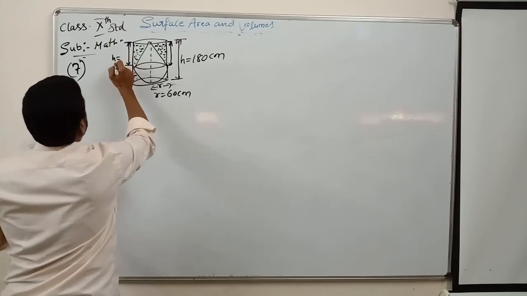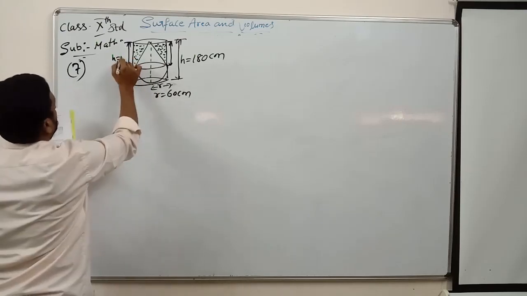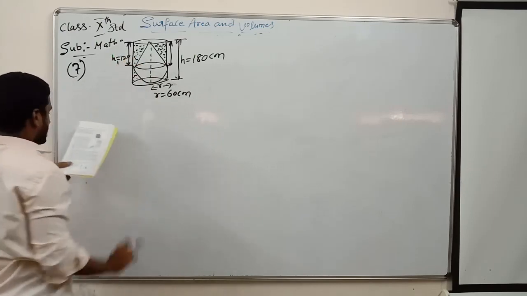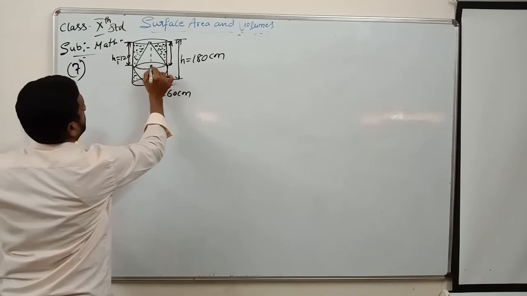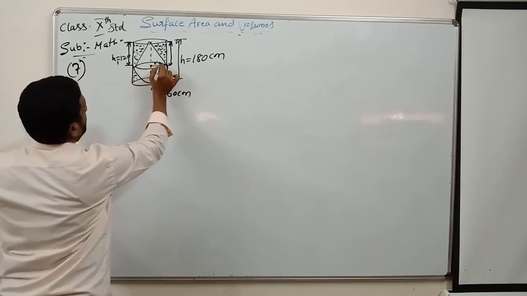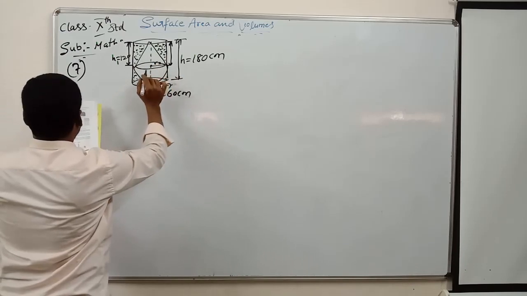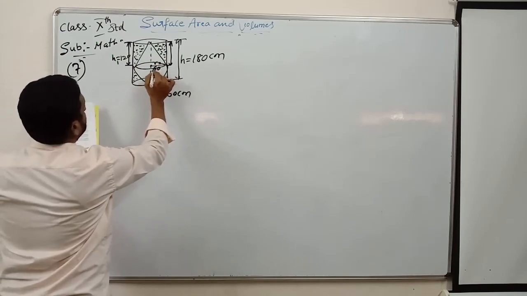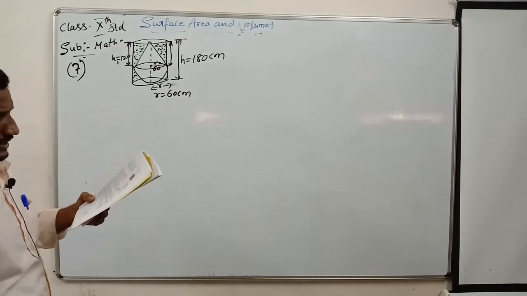This H1 is nothing but the cone height. How much is this? 120 centimeter. And the radius is R equal to 60 centimeter. So this is given here.